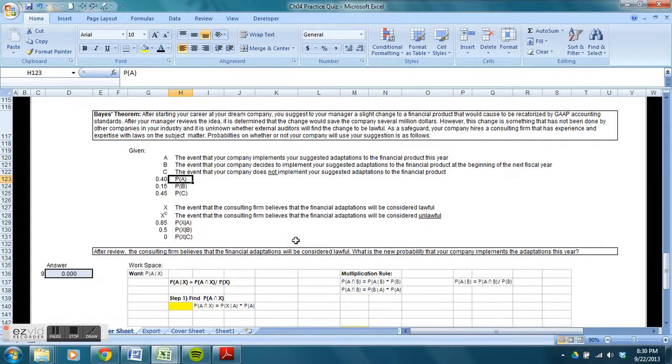So this is Bayes' theorem. You get some given probabilities, and all of a sudden something becomes known.